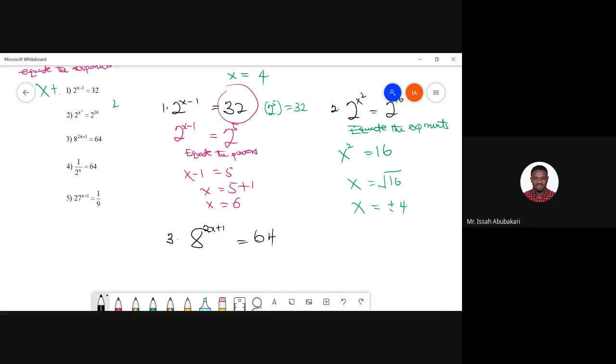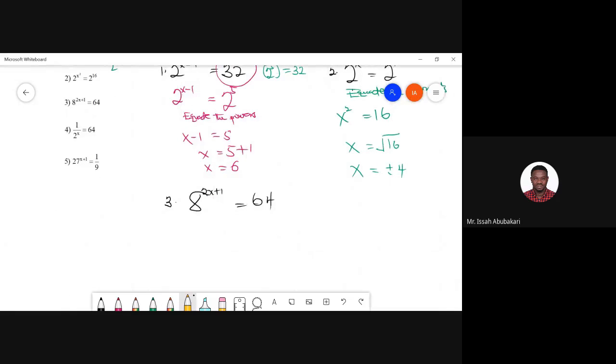8 exponent 2x plus 1 is equal to 64. So our solution to this question is going to be, make sure we make the base the same. We are going to look at 2 ways of doing this, whichever way will help.